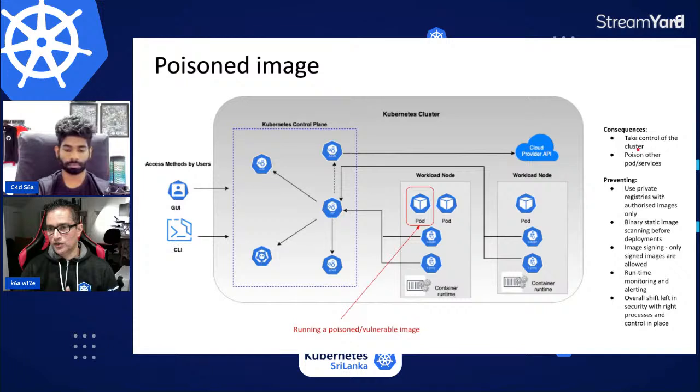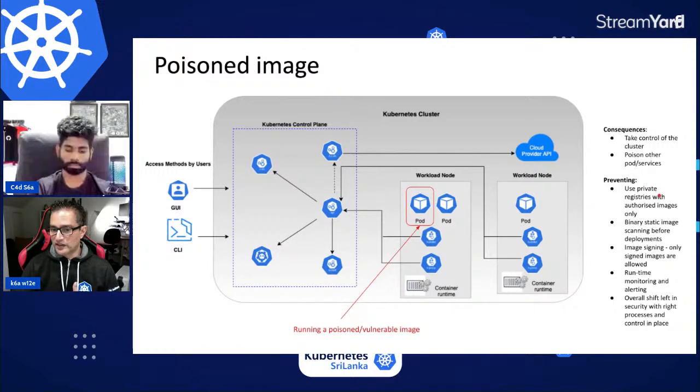Once they take control, as I explained in the previous slides, they can practically do anything they like. They can poison the other pods or services you're running. They may not do immediate harm, but they might run things you're not supposed to run in your other services and pods, and your customers might be very unhappy about it.